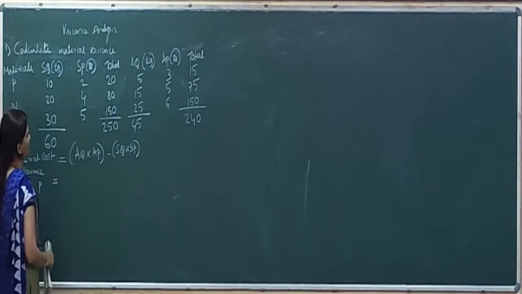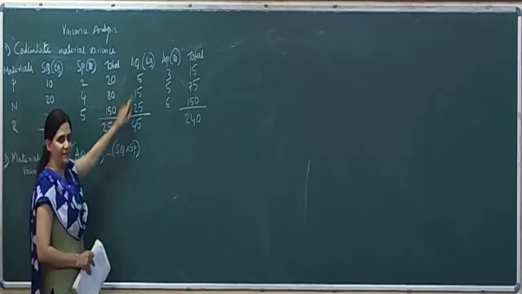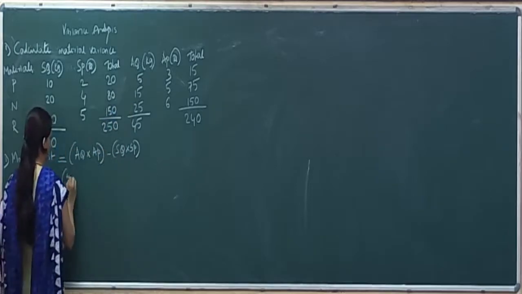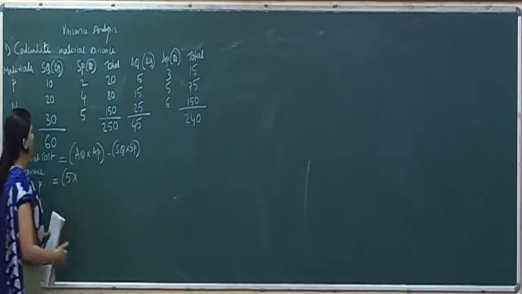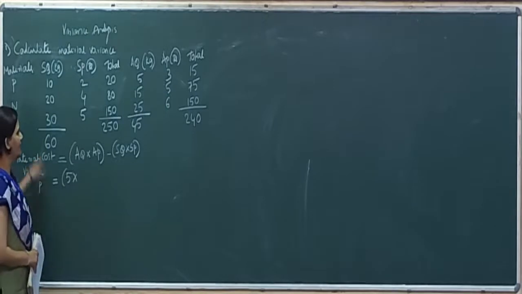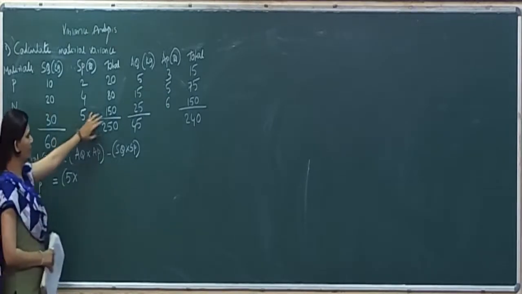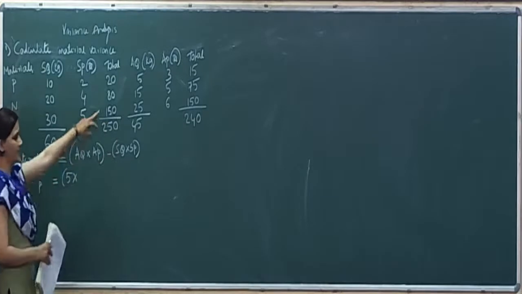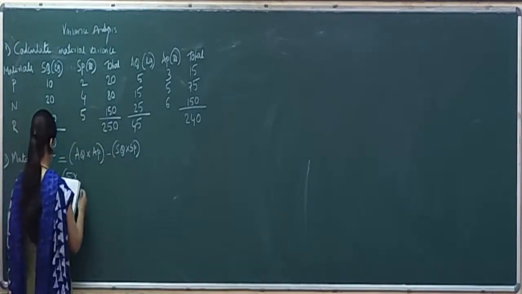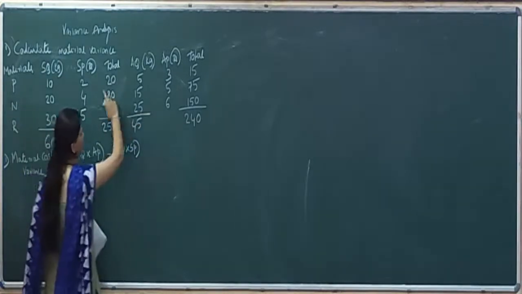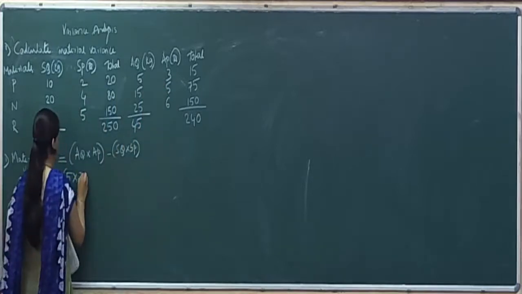Actual quantity here is 5, and actual price for P is 3.